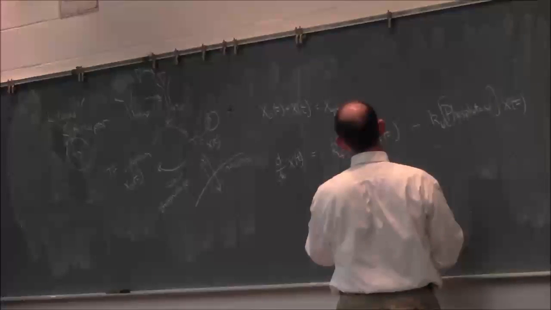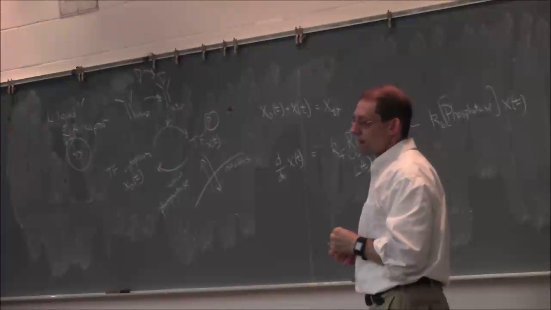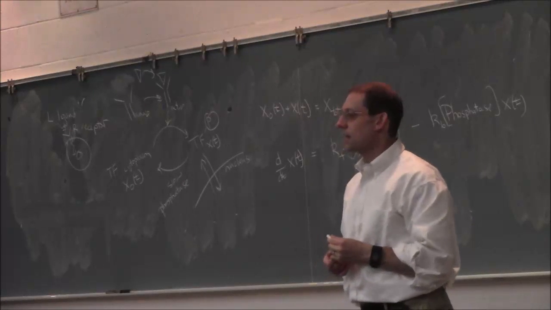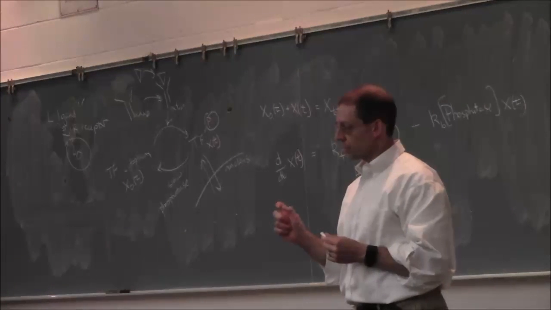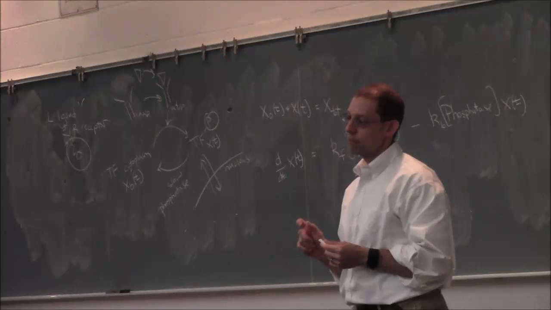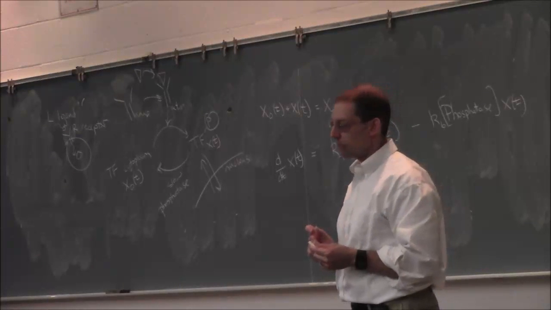And then the unphosphorylated transcription factor: linear response is the region of very small input. If the input is very small, then the output is very small.